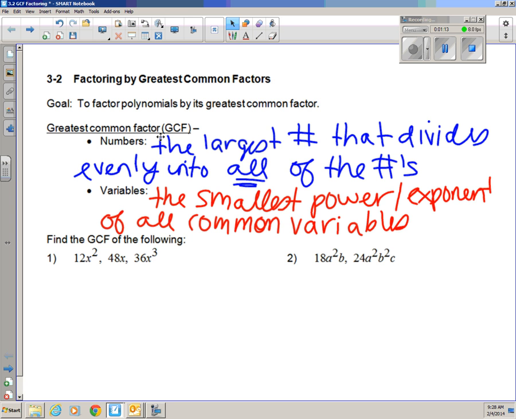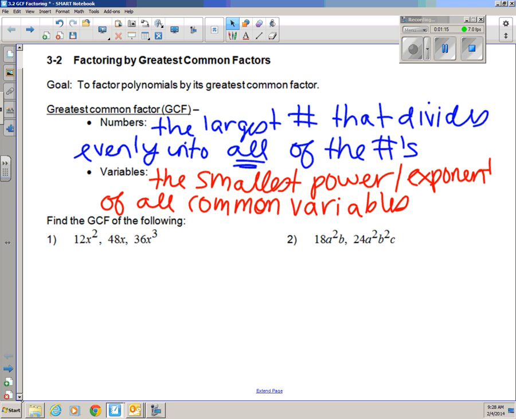So if I were to look at this first example in terms of 12x squared, 48x, and 36x cubed, in terms of the numbers, the number that would divide into all of those, the biggest number would be 12, right? So 12 divides into 12 evenly, 12 divides into 48, and 12 divides into 36.